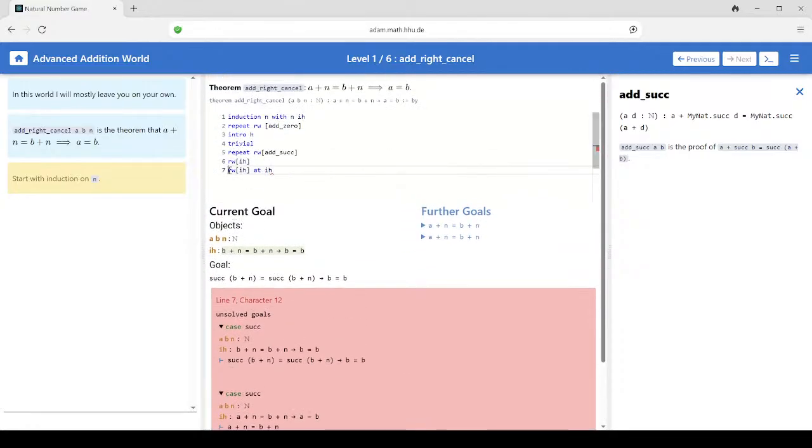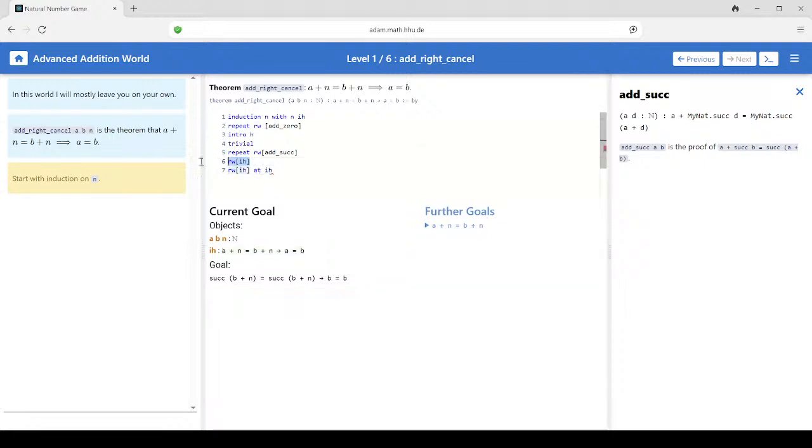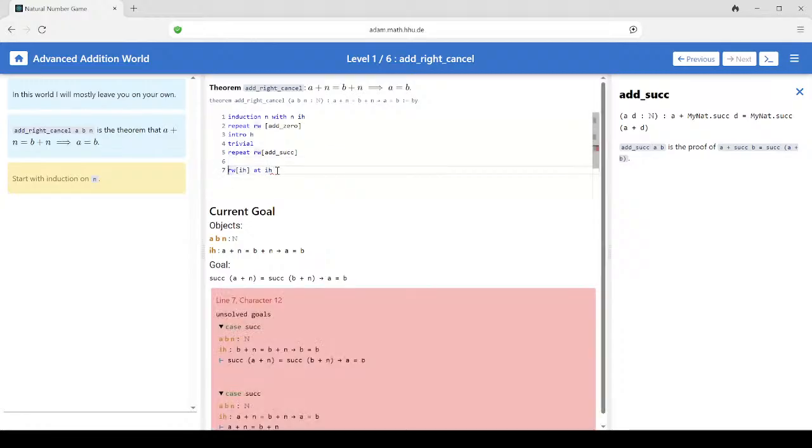What? Sorry? Wait, what did I just do? You can use a hypothesis to rewrite itself. That's something.